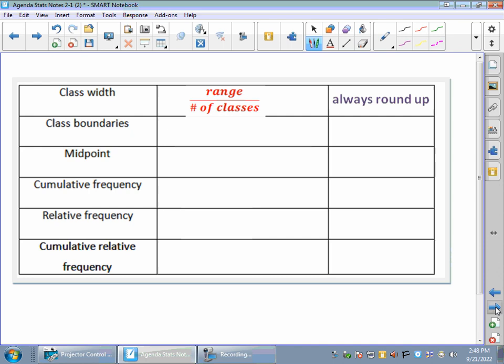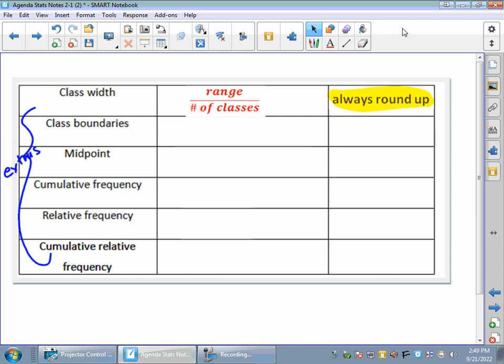The range is the highest minus the smallest. Jot it down if you need to remember it. We're always going to use the class width in every table. Class boundaries, midpoint, all these other things are extras that we can add to our frequency table, in addition to class and frequency and maybe tally marks.